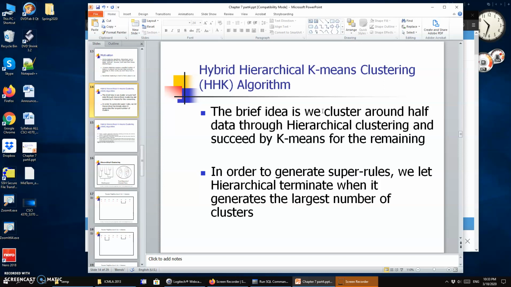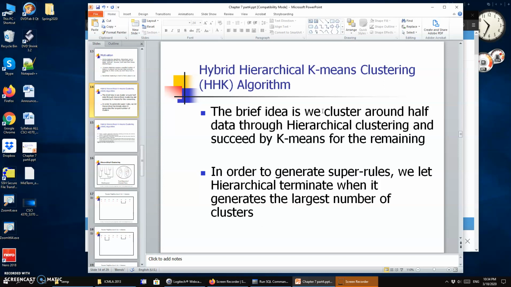That way the hierarchical clustering doesn't need to be cut, and the results generated from it can provide starting points for k-means clustering, including the number of clusters as well as the locations of the centers. So it's pretty interesting.